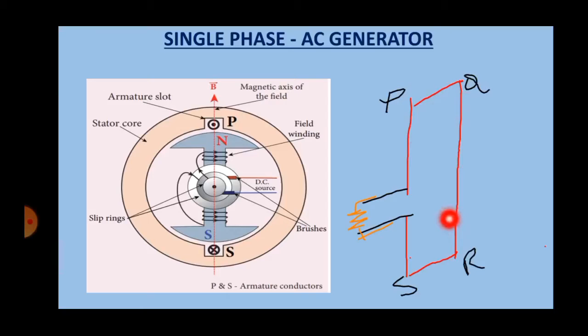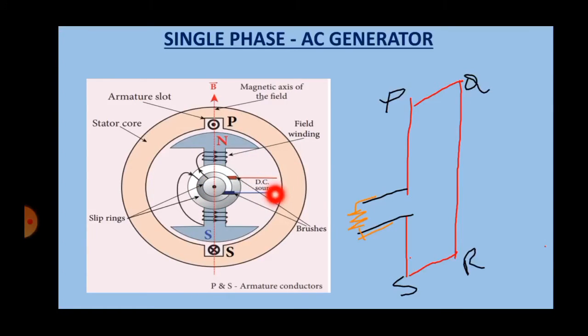And another device we can take: this is nothing but a rotor. The rotor has two salient poles, one a north salient pole and the other a south salient pole, with a field winding which can be magnetized by using a DC source. DC is nothing but direct current.